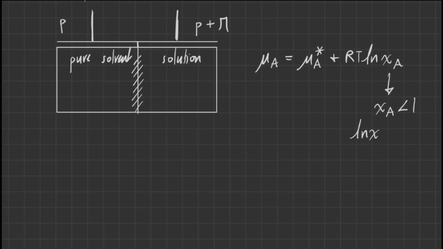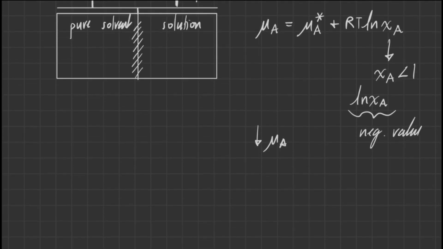Ln of a value of less than 1 is going to return a negative value. This will decrease the value of the chemical potential of A with respect to the pure chemical potential.